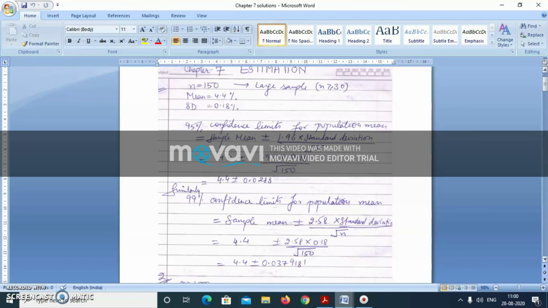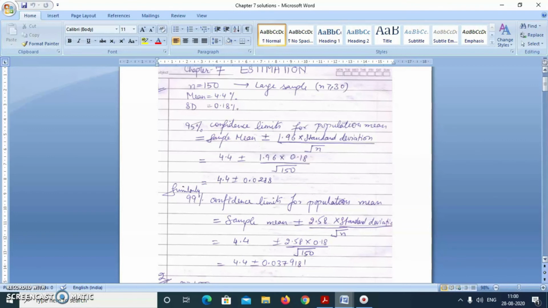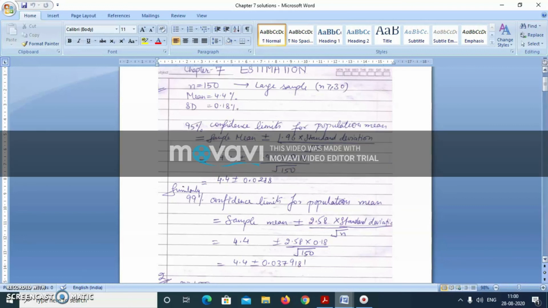So what data is given here? It is a large sample question because n is equal to 150. Mean is given, that is 4.4, and standard deviation is given as 0.18. We have to calculate both 95% and 99% confidence limits. For 95% confidence limits, we'll use the Z value 1.96, and for 99% we'll use the Z value 2.58.